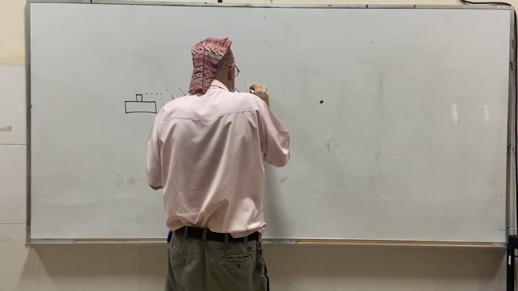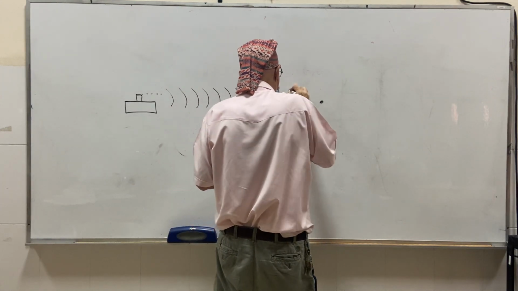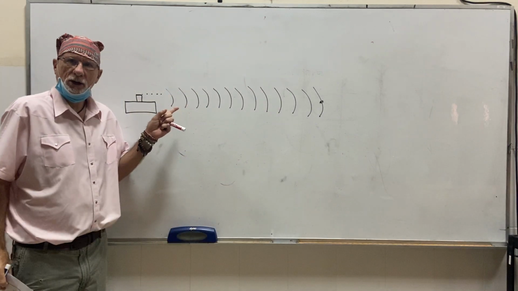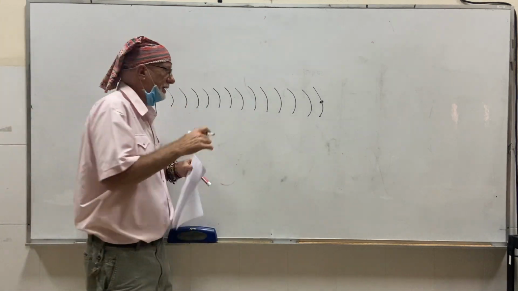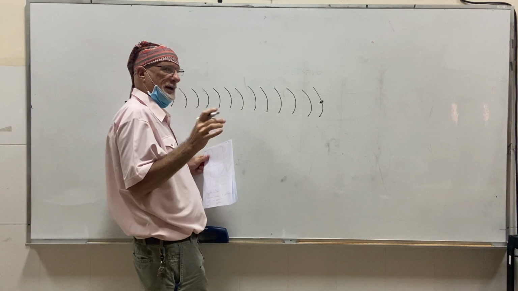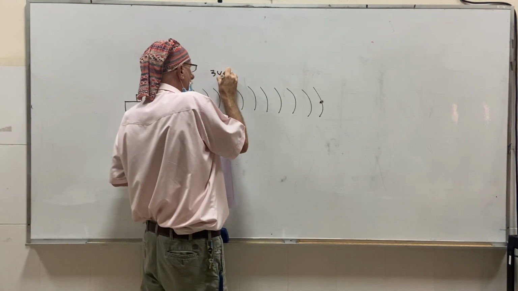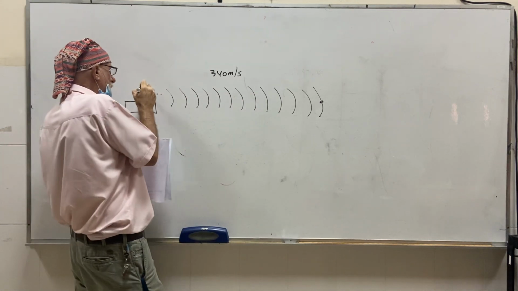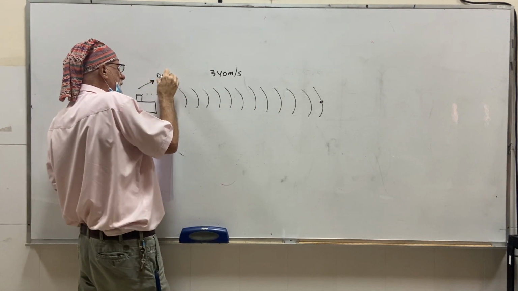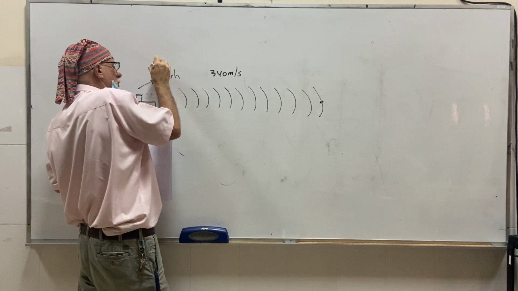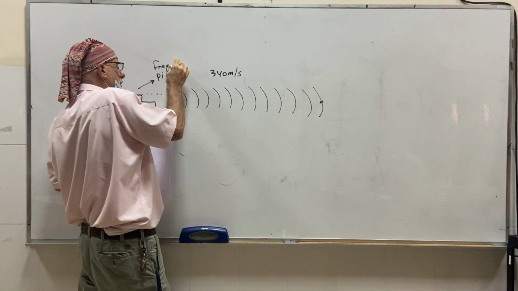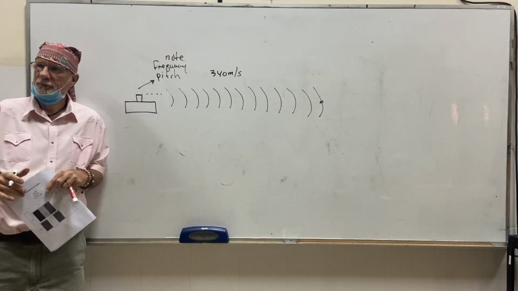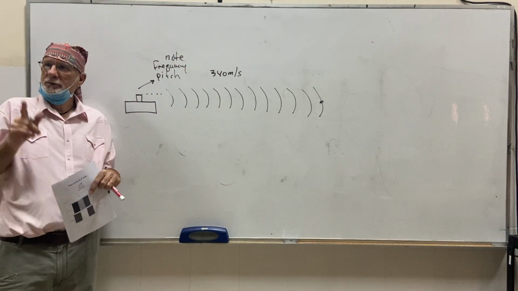These are wave fronts, okay? Right? You hear, this is traveling, room temperature, 340 meters per second, right? And this is a certain frequency. It's a certain pitch, or frequency, or note, whatever you want to call it, right? And you hear it over there.